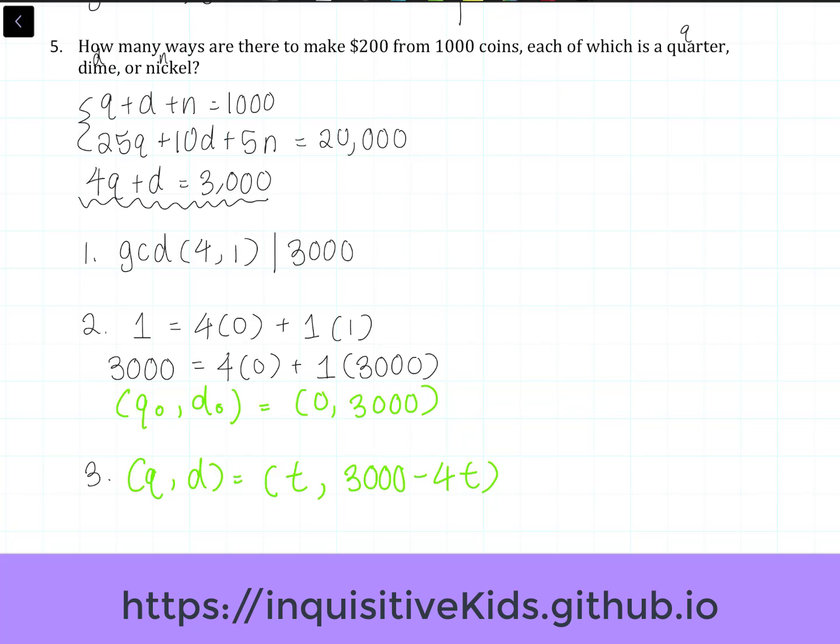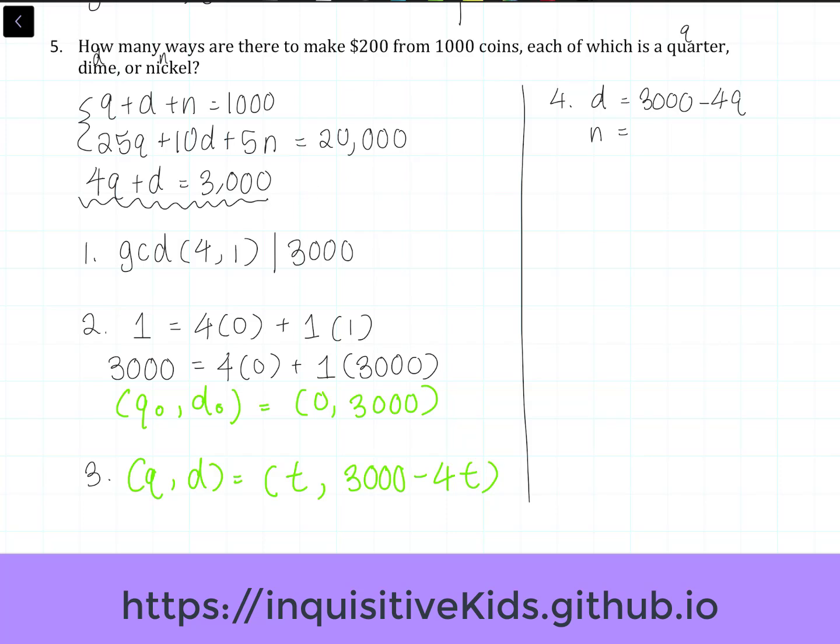And now it's saying how many different ways are there to create $200 from 1,000 coins. So there is a fourth step to this problem. By writing D and N in terms of Q, we have from the original system of equations, D is equal to 3,000 minus 4Q. We got that from here.